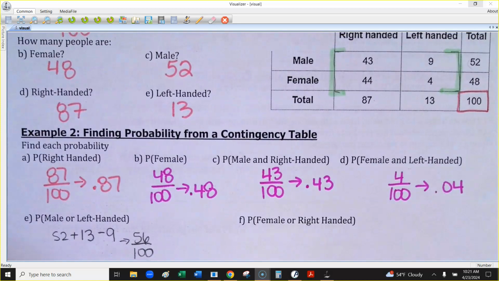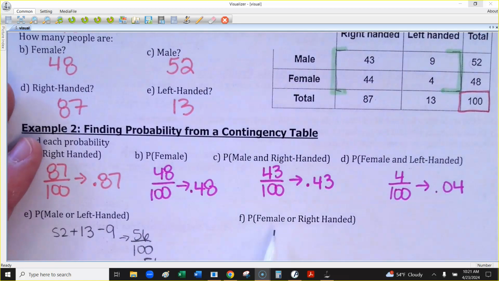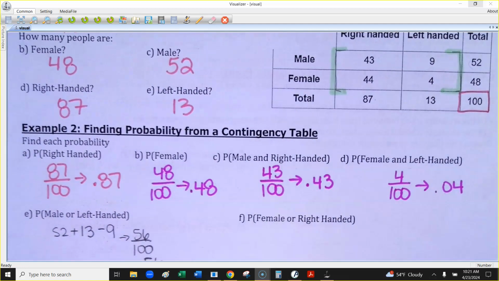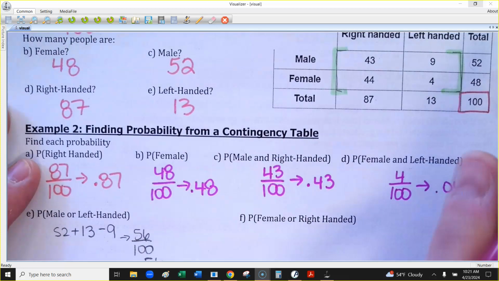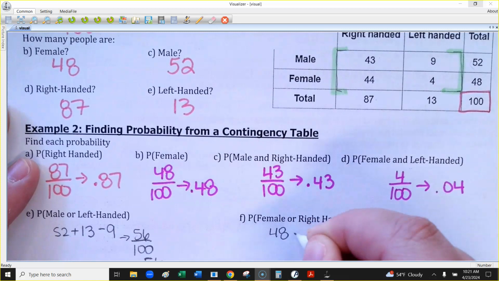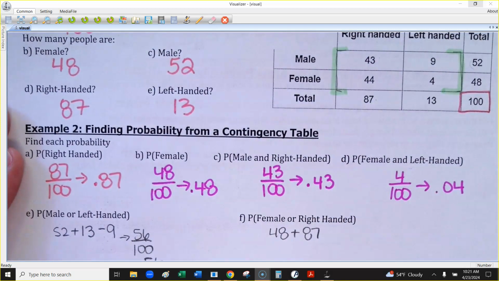All right, so I'm trying to keep the table on the screen here. Can I be a girl and right-handed? They're not mutually exclusive, so there's going to be an overlap. If I do probability here, if I just pick a girl, it'd be 48. If I pick somebody that's right-handed, it would be 87. And then we have to subtract off the overlap.